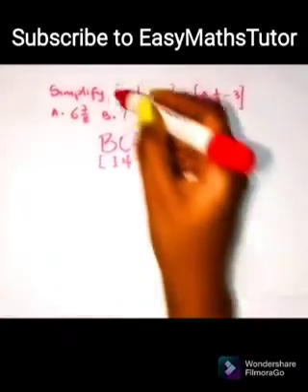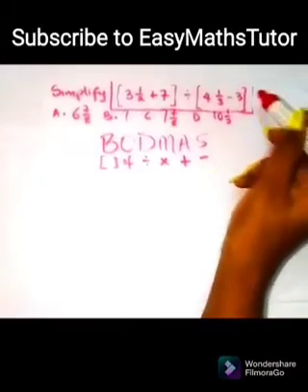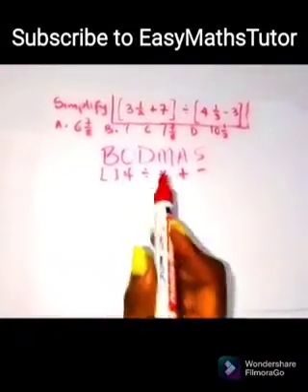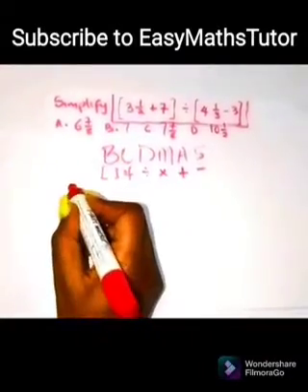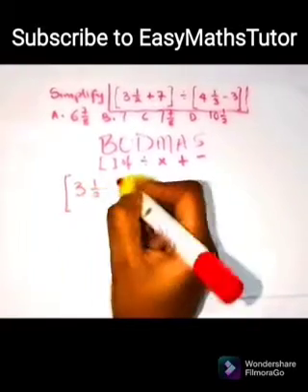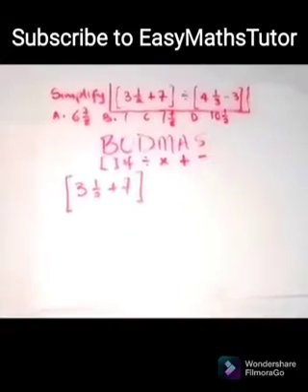So when you look at the problem that has been given, we'll first of all solve what is in the bracket first, according to the rule. So the first bracket is 3 whole number 1 over 2 plus 7.